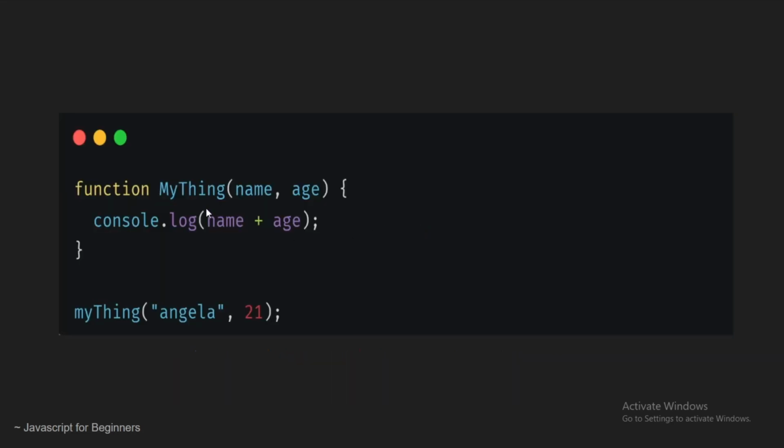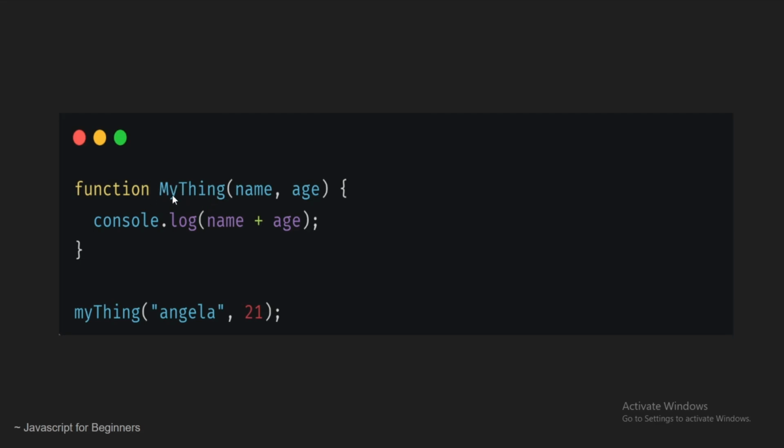Now, before getting further, I'll just let you know that we are using this function keyword to essentially make a function. So we need to specify function by adding this keyword, and then the function name, which you can start with anything.